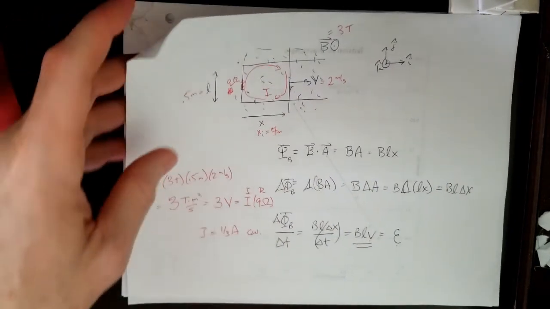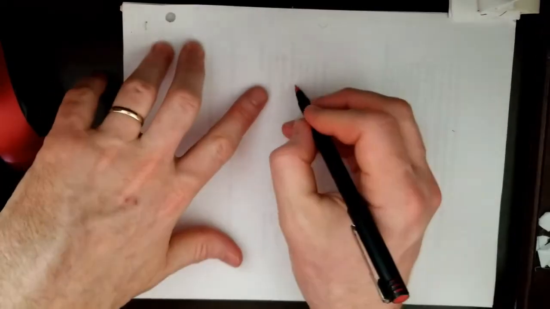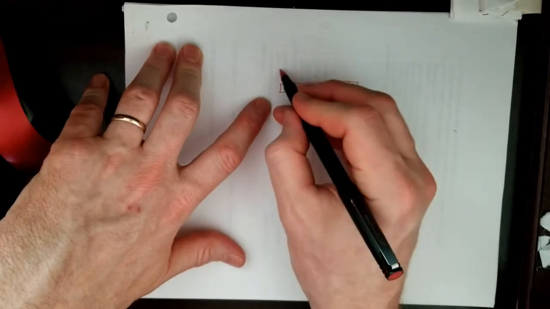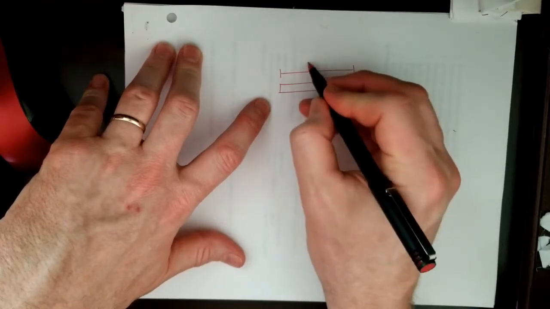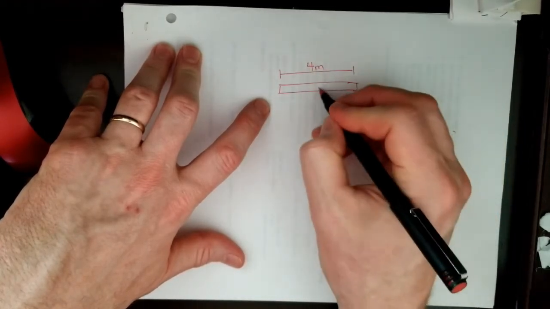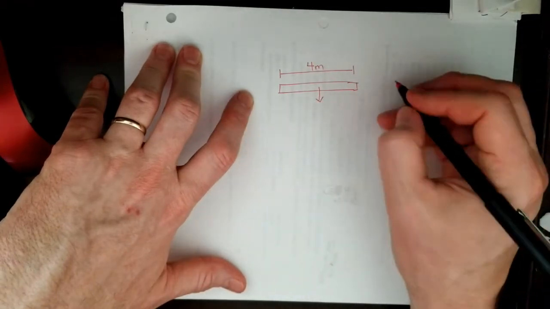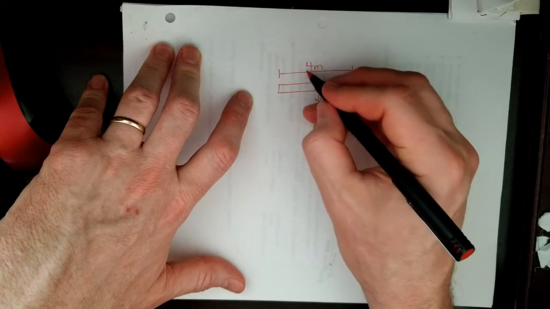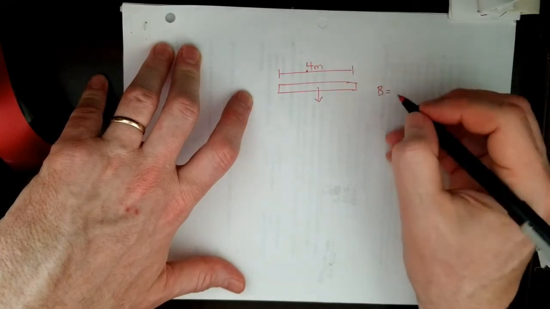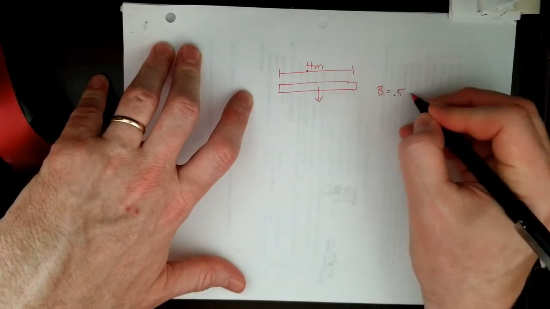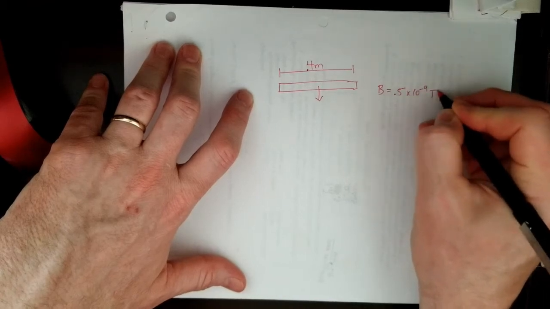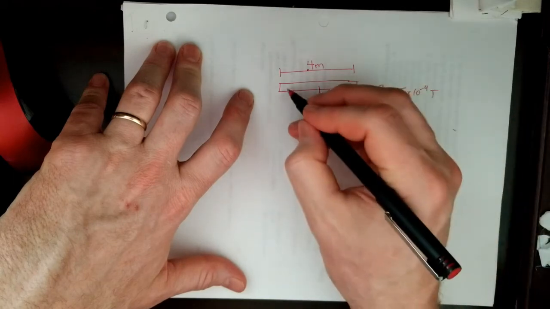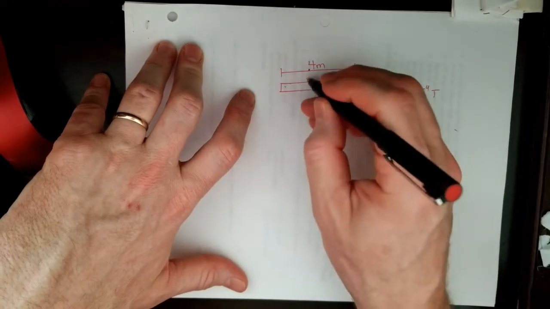Now it works in more than just this case. So if I have a metal bar here of length 4 meters and I drop it, let's make the magnetic field somewhat realistic. Let's make that 0.4 meters to make it realistic. This is about 0.5 times 10 to the negative 4th Tesla, which is about on par with Earth's magnetic field. And let's say that it's coming out at this moment.